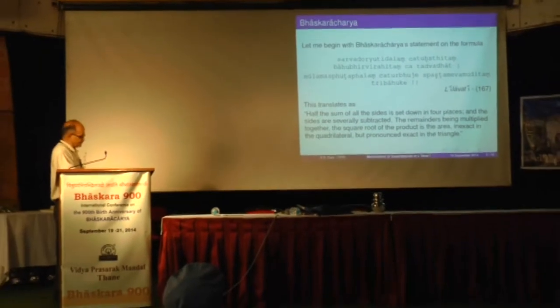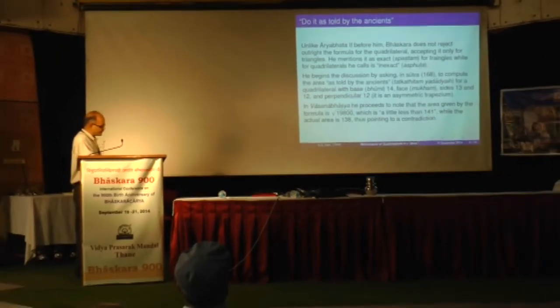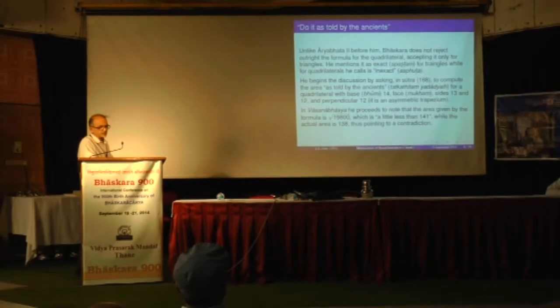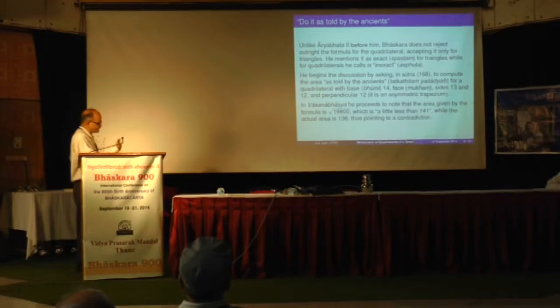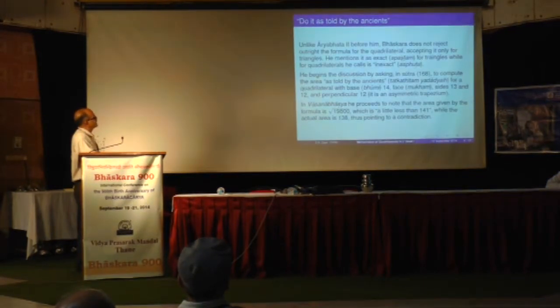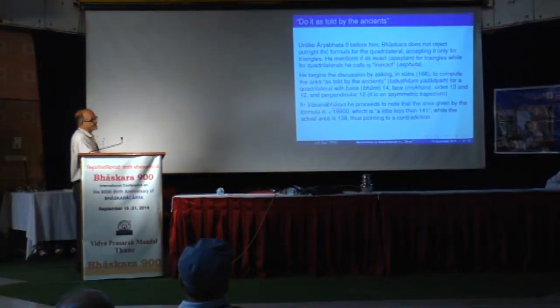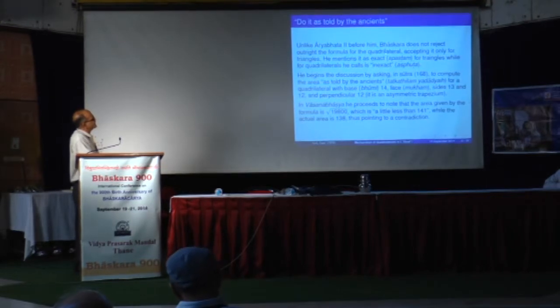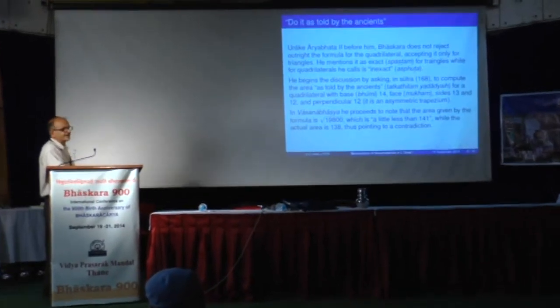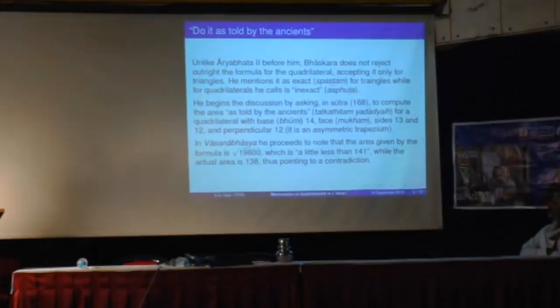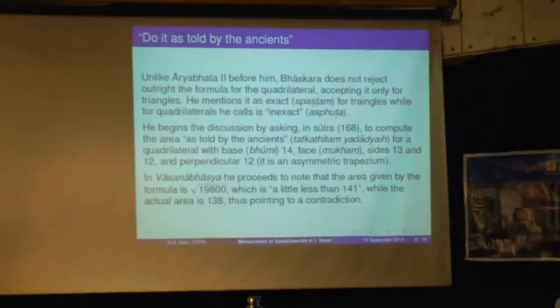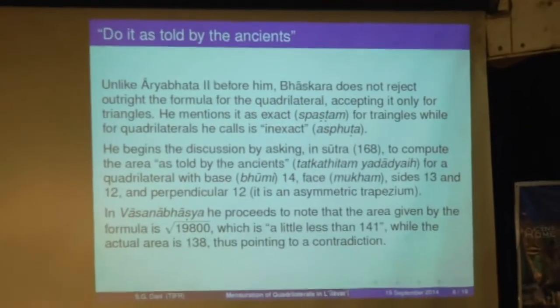Okay, so now here are some comments. Bhaskara was not the first one to recognize that there is something wrong with that as the area of any general quadrilateral. Aryabhata the second, before him, also noticed that there was something wrong, but he outright rejected it as having anything to do with quadrilaterals and accepted the formula only for triangles, the analogous formula, which is called the formula of Heron of Alexandria.